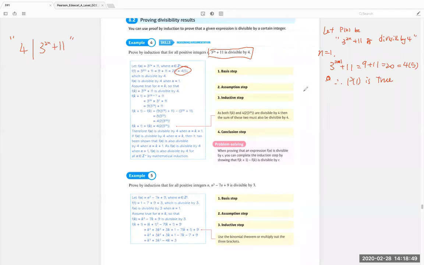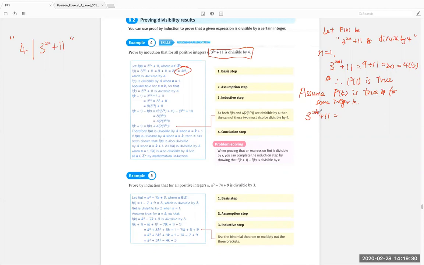And then the next step: assume Pk is true for some integer. I'd rather you write it down like this, with one more step in this kind of question. When you say it's true for some integer k, you need to replace n by k.